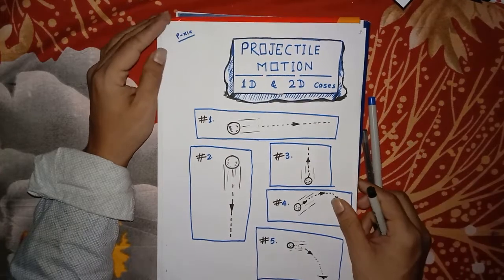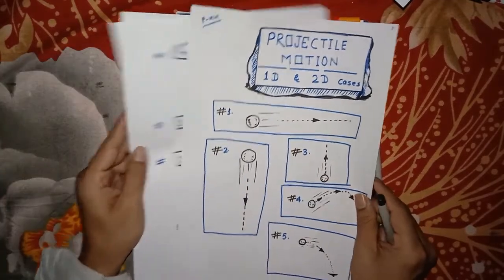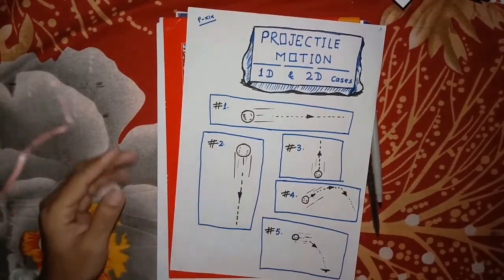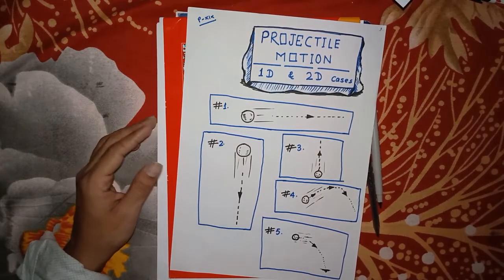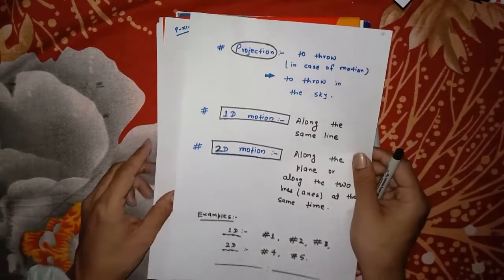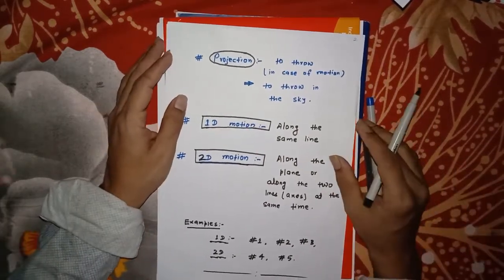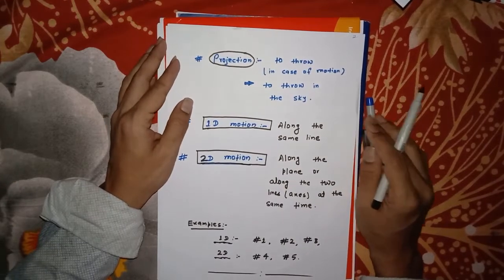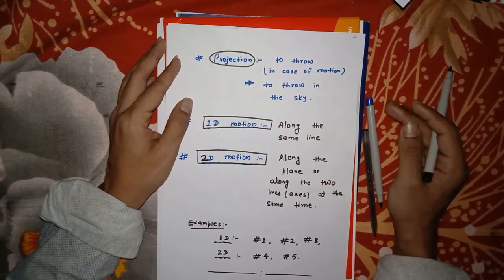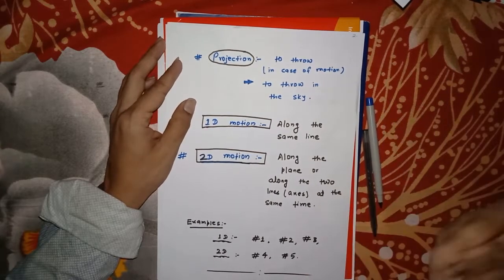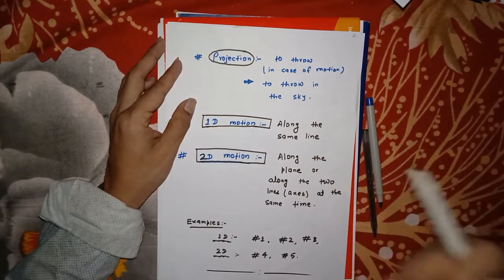First of all, I have to know what is a projectile, or what is projection. To throw something is known as projection. So here I throw a ball in the sky. That means the ball undergoes projectile motion.